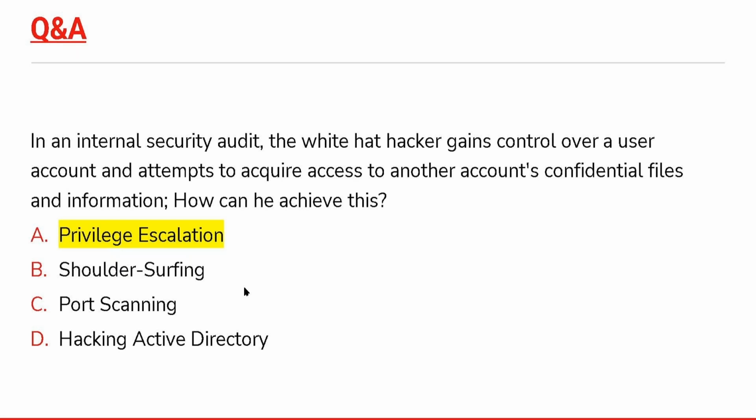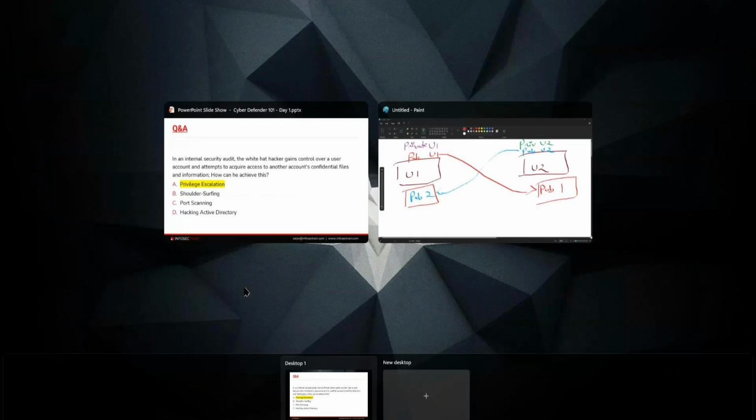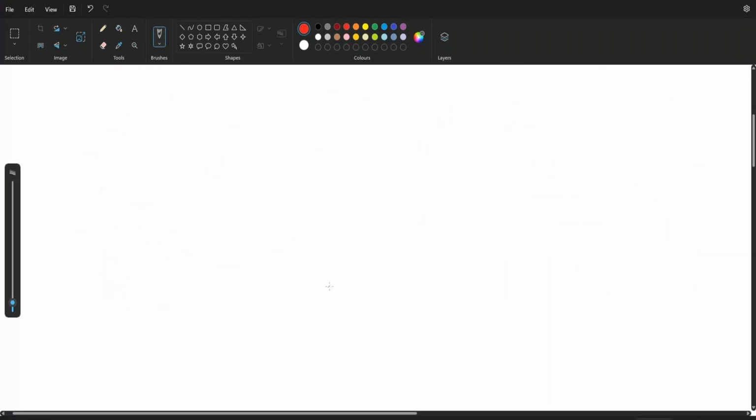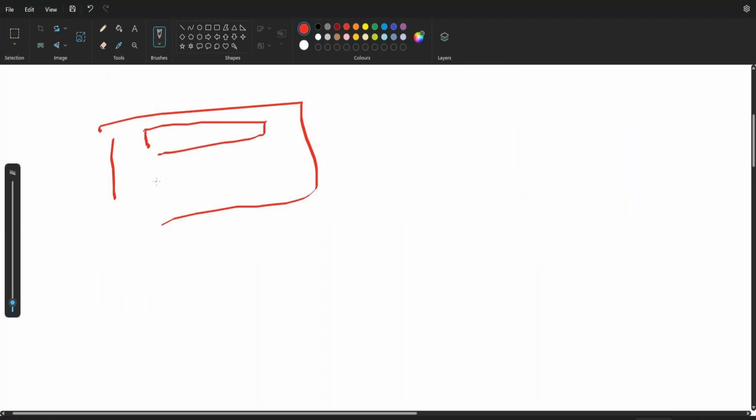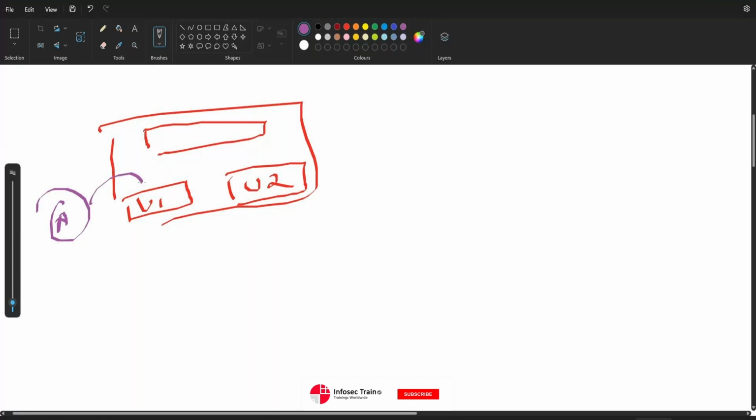In privilege escalation, guys, we are having two types. Let's say this is our system, we are having three accounts. One is belonging to the admin, this is belonging to user 1, this is belonging to user 2. Now the attacker will be coming and, let's say, will be compromising user 1's account.